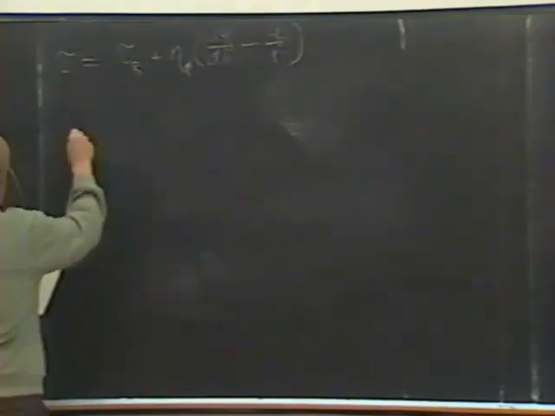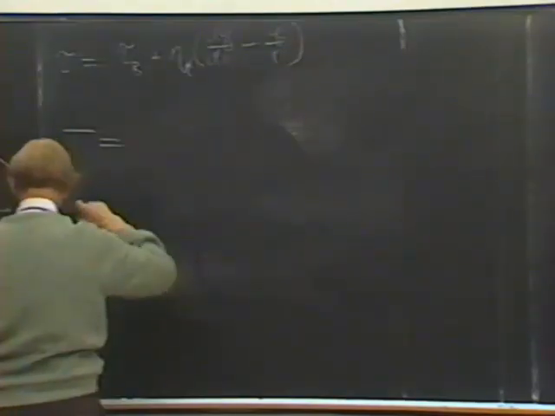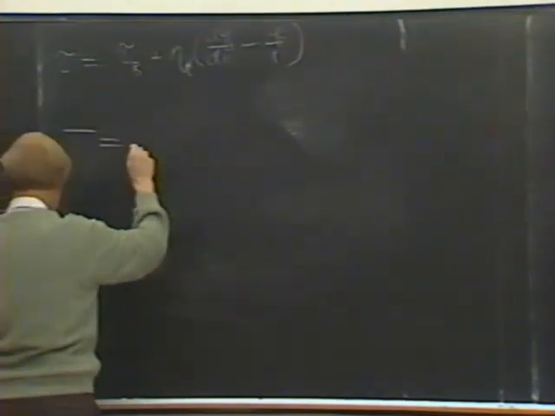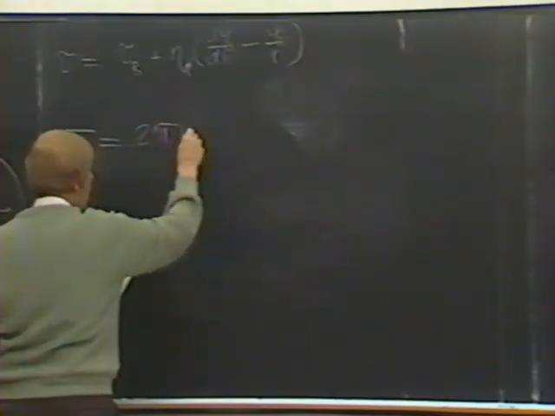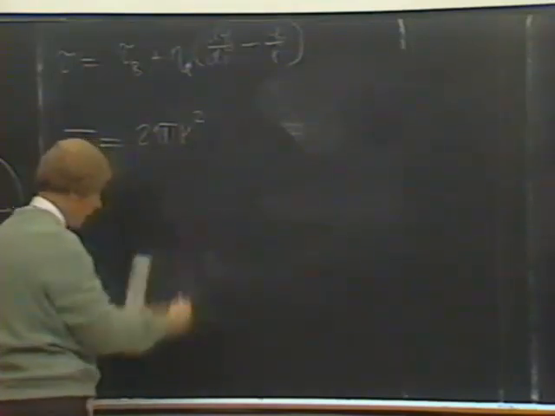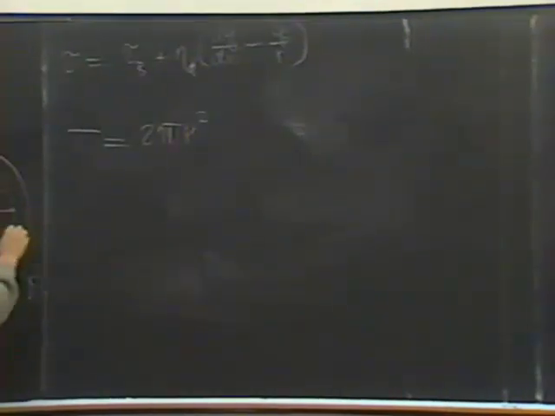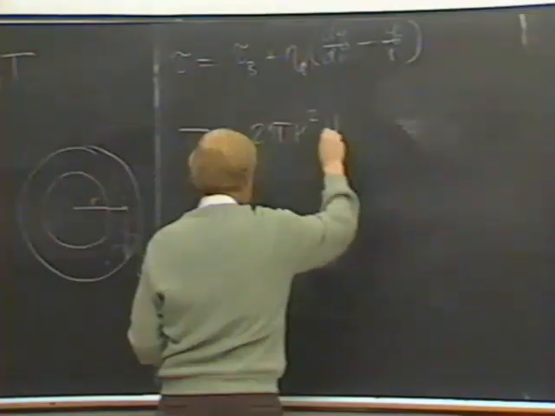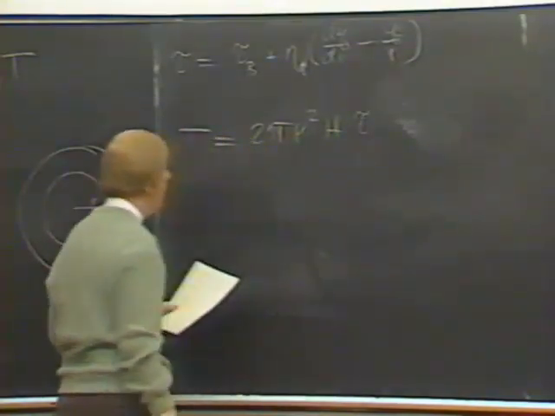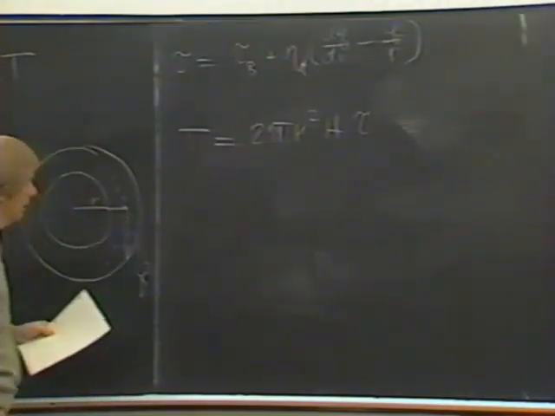And for the torque, T, we can write 2 pi r squared, that's the circumference of the cylinder where the rotation is taking place, times h times tau, the shear stress on the inner cylinder, or the shear stress at that point in the fluid.